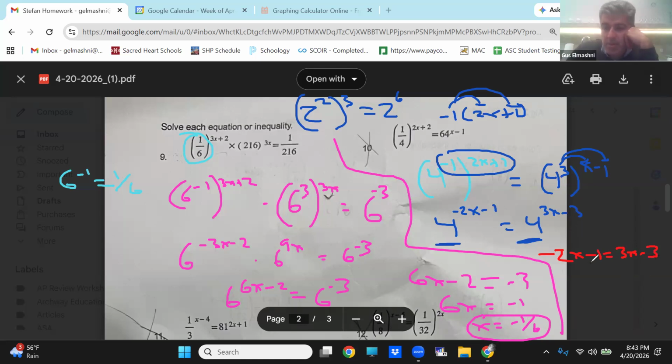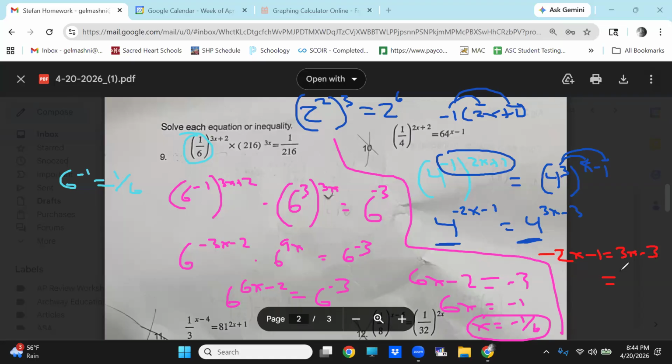Okay, now solve for x. What does x equal?